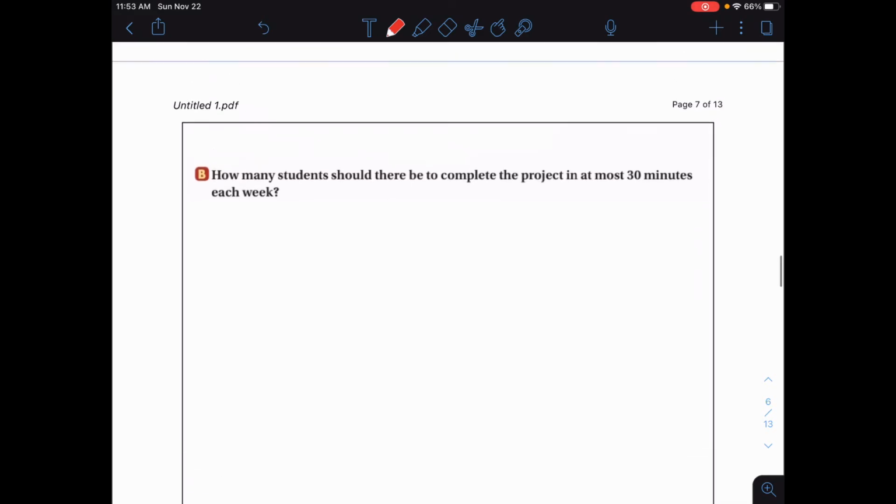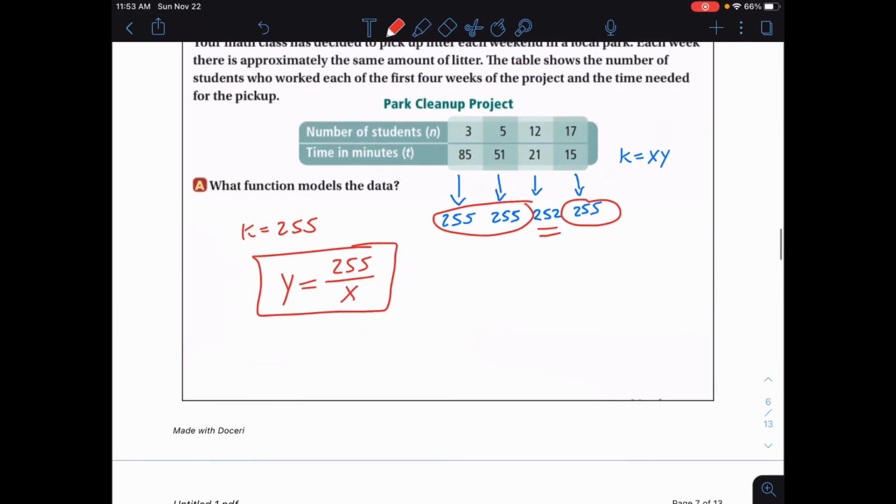When we go back to this model, one of the things we need to remember is that in this case, x and y are our time and students.